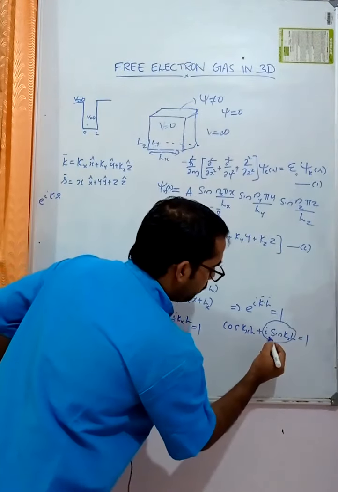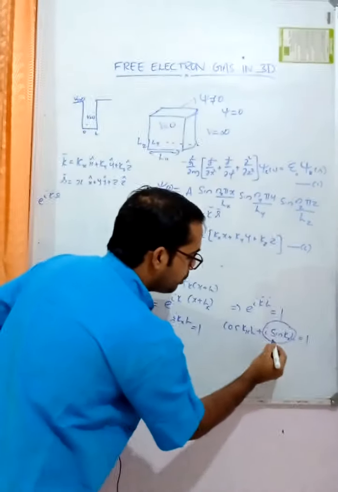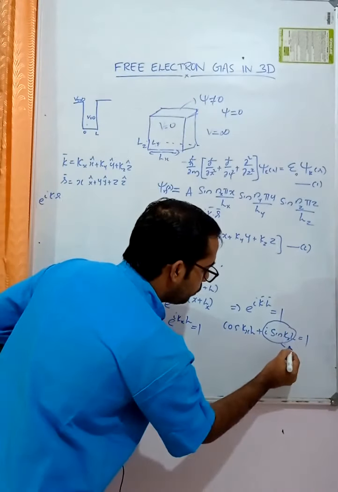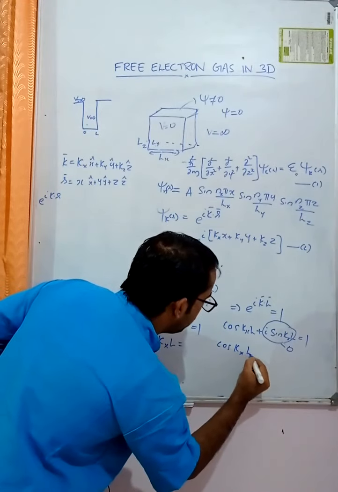So we have to eliminate this imaginary term, because it is not there on the right. So this term is equal to 0. That means cos kxL is equal to 1.